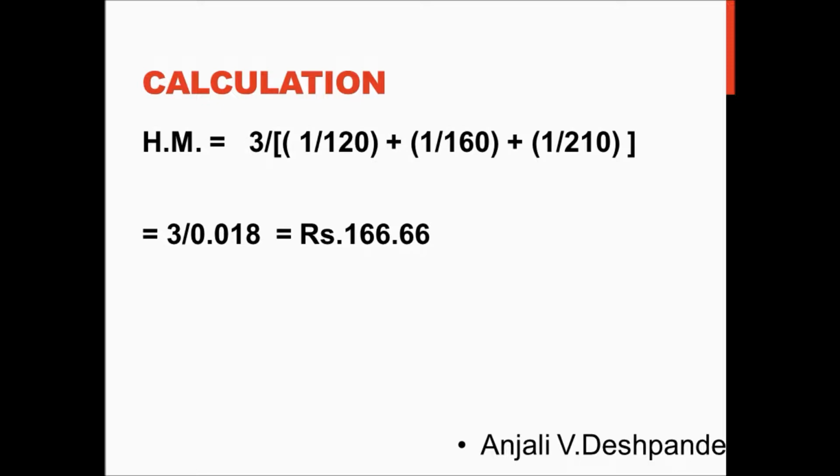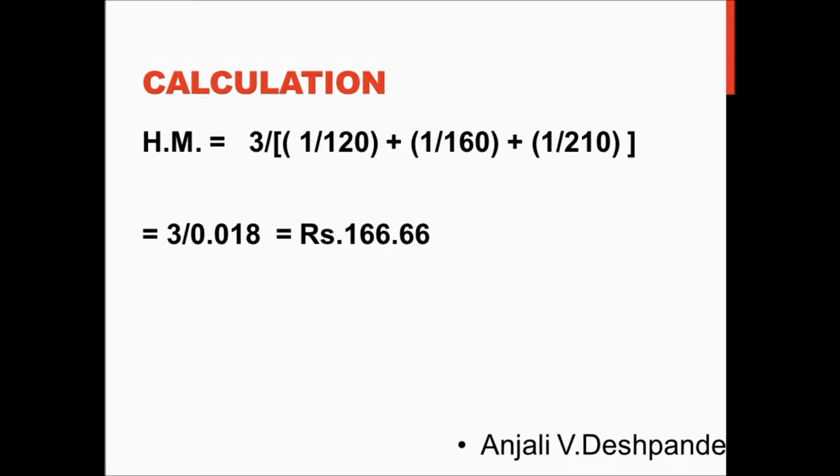So we are using directly the formula. In this case, n is equal to 3, divided by, those are the frequencies of course, 1 upon 120 plus 1 upon 160 plus 1 upon 210. If you just calculate it, it comes out to be around 166.66.